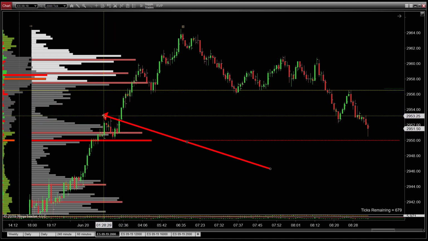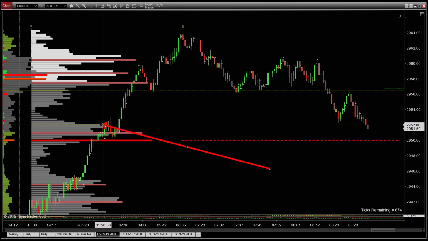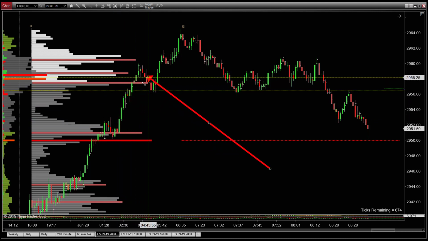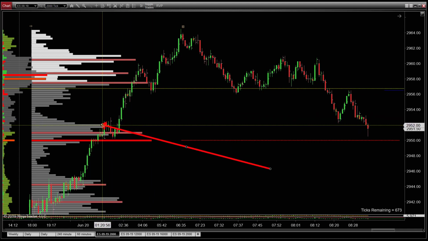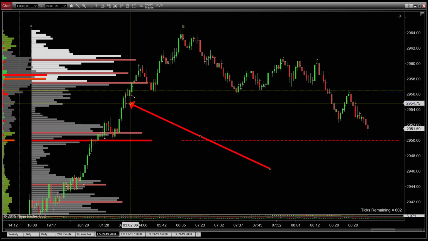So it'll come down, hit the top of the volume node. These traders were the last people to break price out of an area. I hope I'm making sense there. The people on the top basically busted price out of this area.